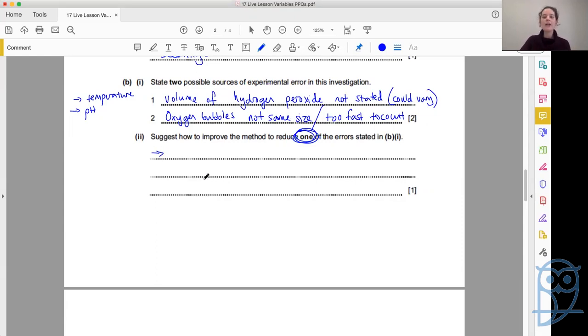So volume of hydrogen peroxide, we could do an exact volume of H2O2, measured with a syringe. Okay, if we're talking about oxygen, how we actually accurately measure this oxygen, we could look at the volume of oxygen produced instead of bubbles.